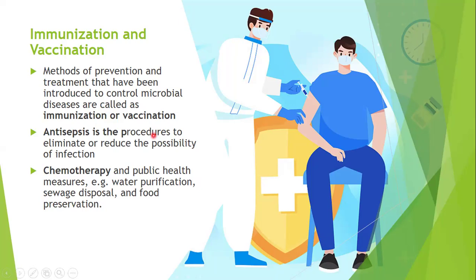The term asepsis is a procedure to eliminate or reduce the possibility of infection. Chemotherapy and public health measures, for example water purification, sewage disposal, and food preservation methods, are all utilized along with the immunization and vaccination process.